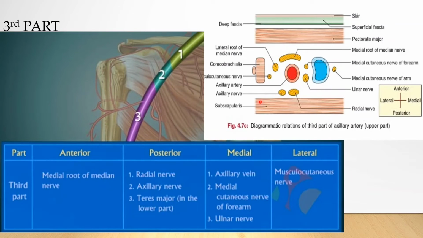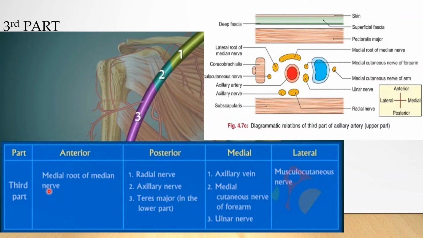Next coming to the third part of axillary artery. In the third part of axillary artery, we will have medial root of median nerve. See in the previous second part, the brachial plexus was in their position according to the cords. Now here the roots.